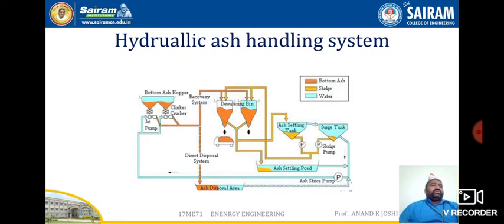It is generally used in large power plants, and hydraulic systems are of two types, namely low pressure hydraulic systems and high pressure hydraulic systems. The low pressure systems are used for continual removal of the ash, and high pressure systems are used for intermittent ash disposal. So this is about the figure.